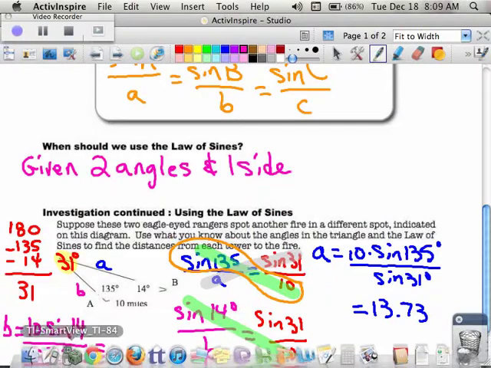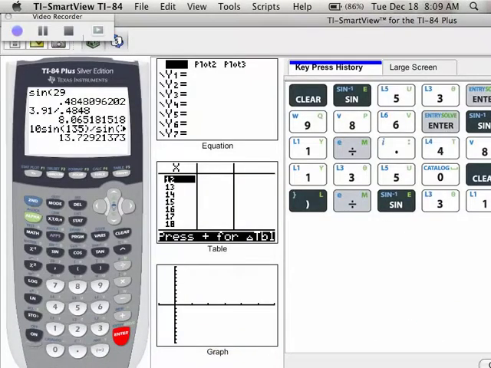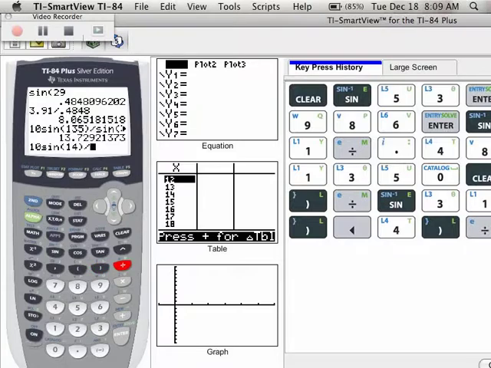So in my calculator, I have 10 times the sine of 14, divided by the sine of 31.